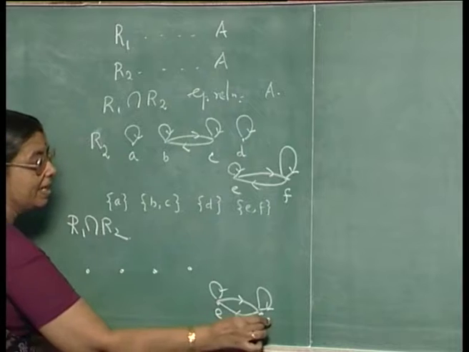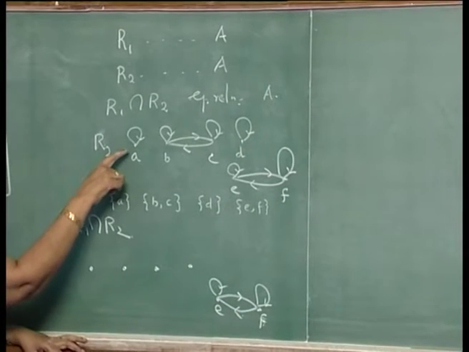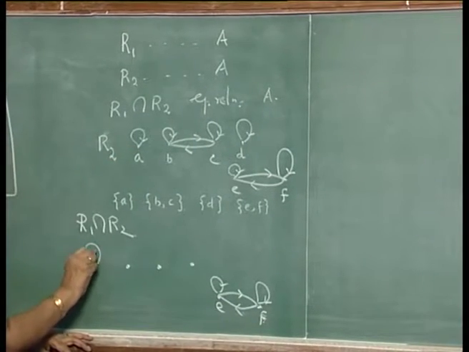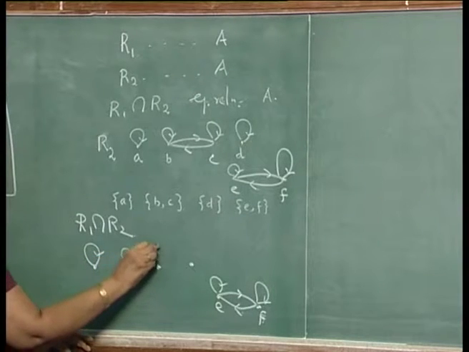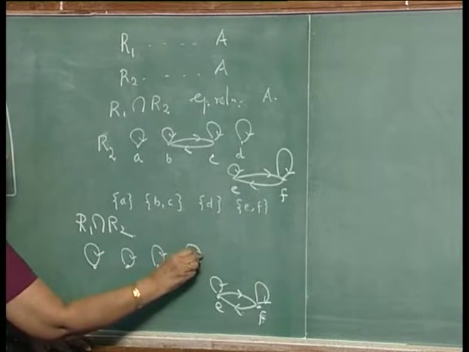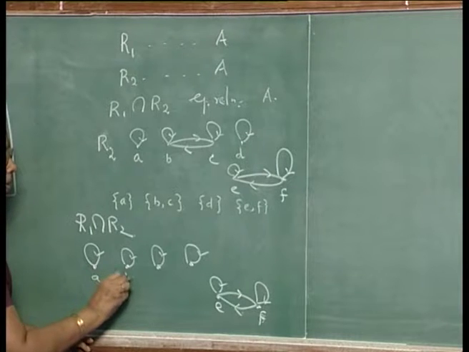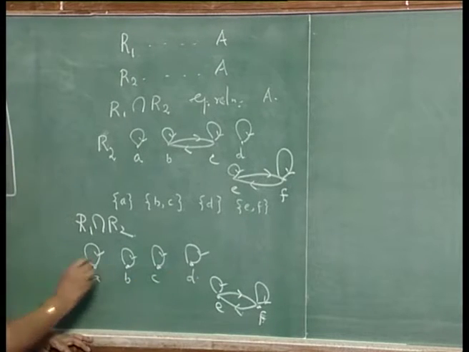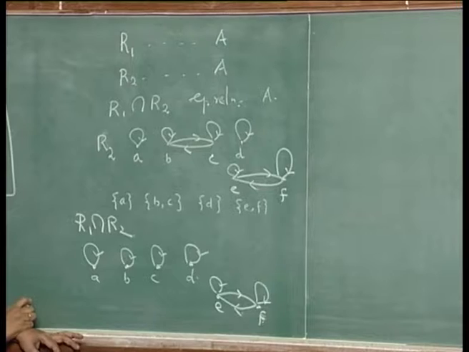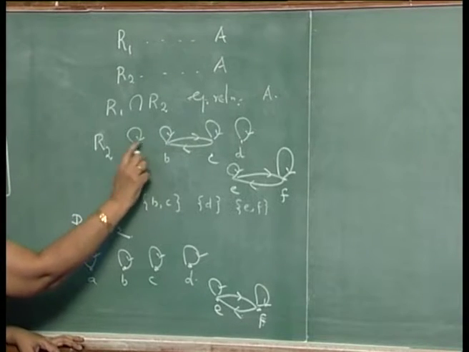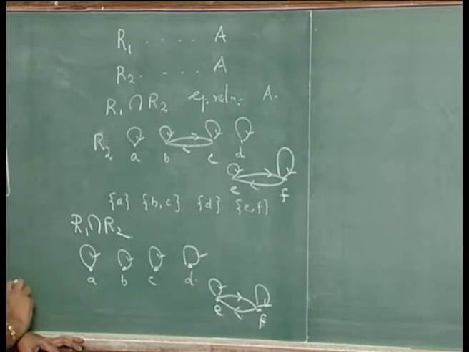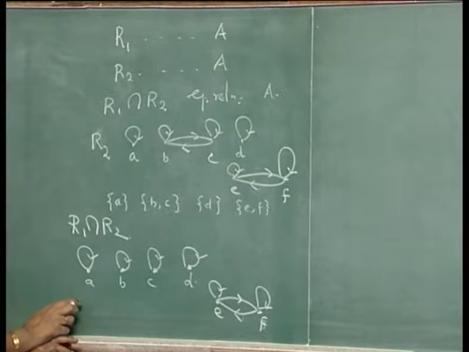So, they are present in the intersection, and the self loops are present in both the relations R1 and R2. So, they are present here, but the arcs between A and B are present in R1, but they are not present in R2. So, it will not be present in the intersection.